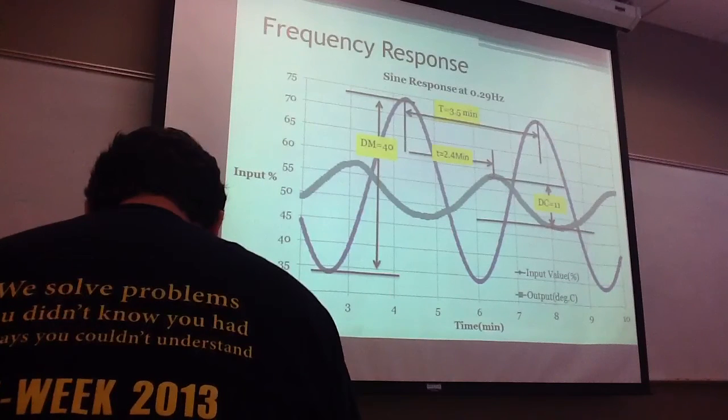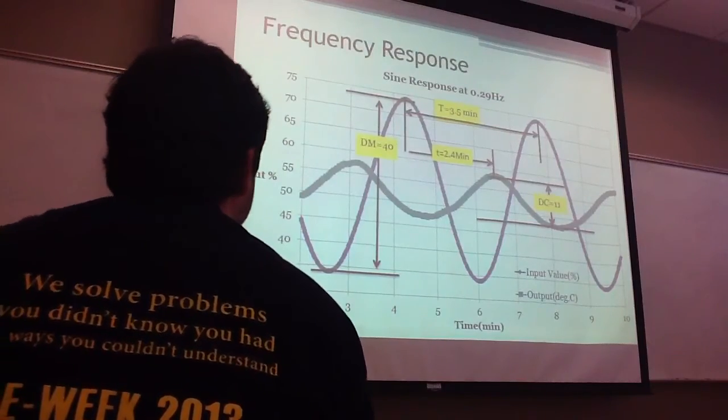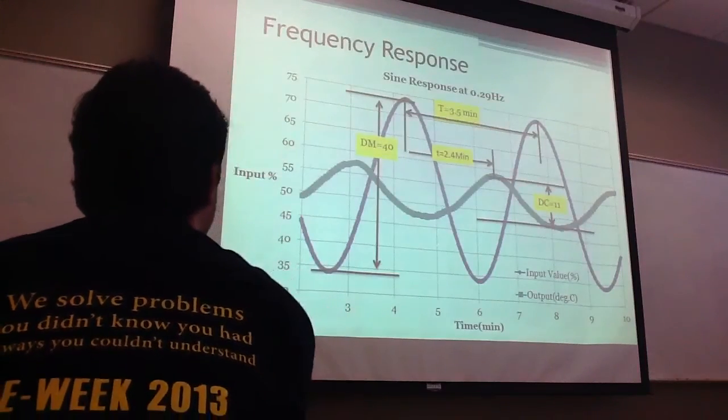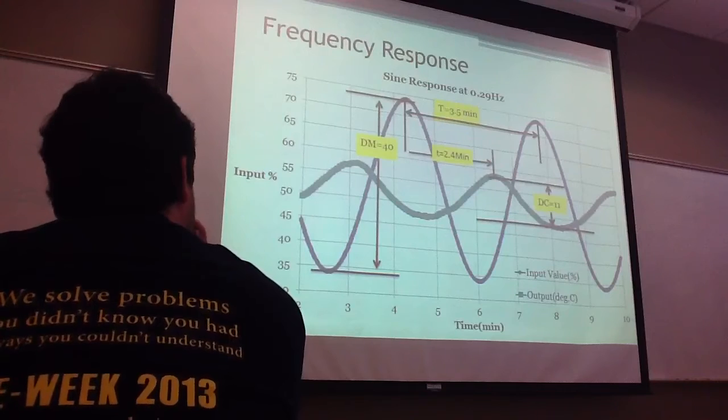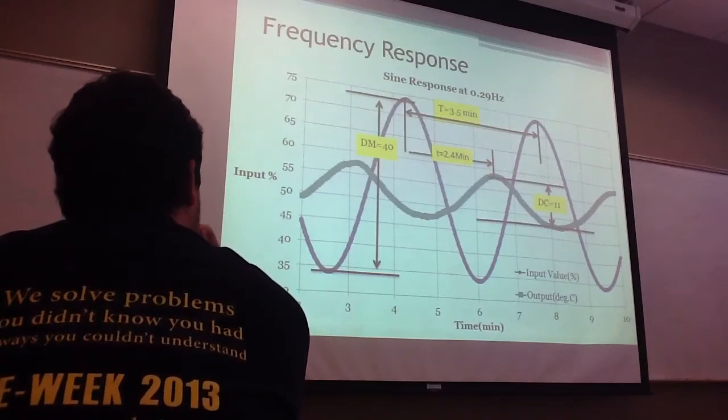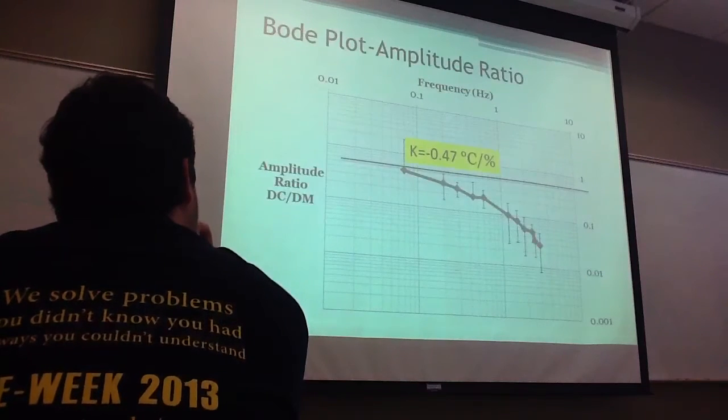We find the change in the input percentage and the change in the output as a result of that, and we found the time lag between the input and the output. From this we can get the amplitude ratio and the phase angle. From those we make Bode plots, and from these Bode plots we can find the gain of our system.